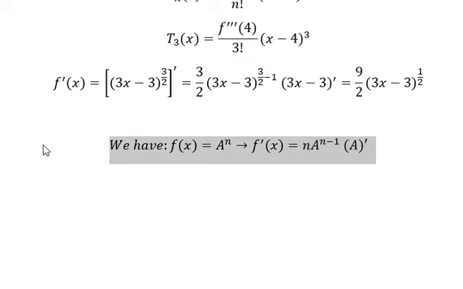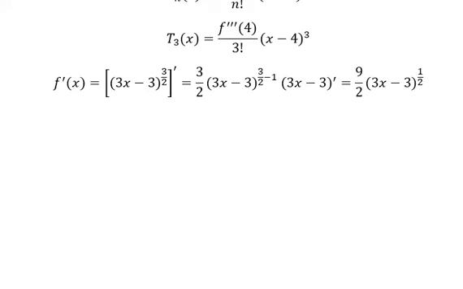Now if we do second derivative of this one, we have like this.